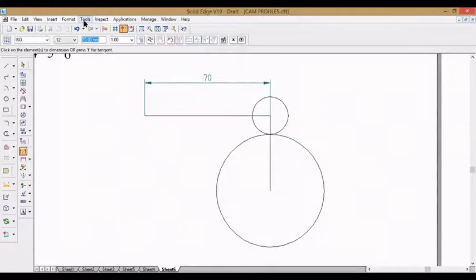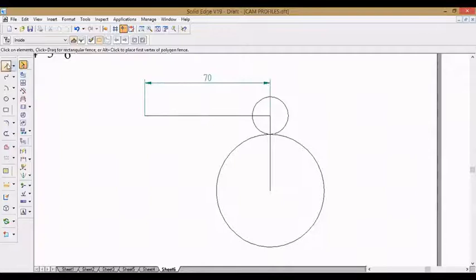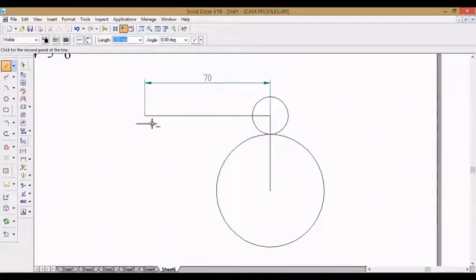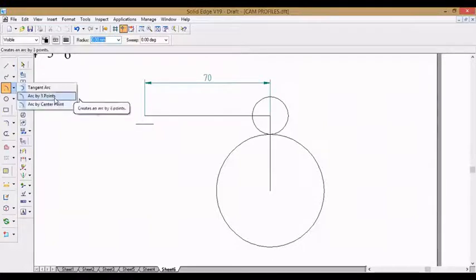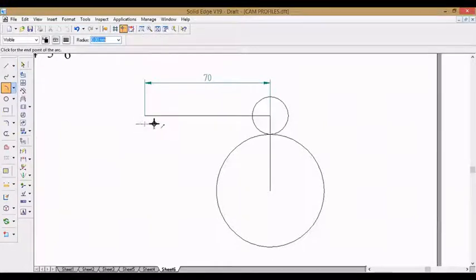So this is the oscillating follower. You show the fulcrum over there. Fulcrum means pivot point. Draw a pivot point.